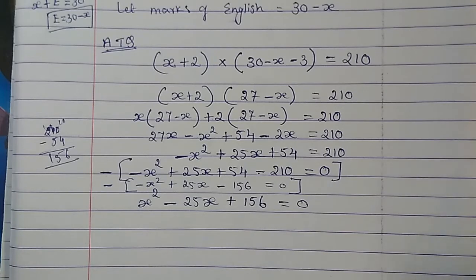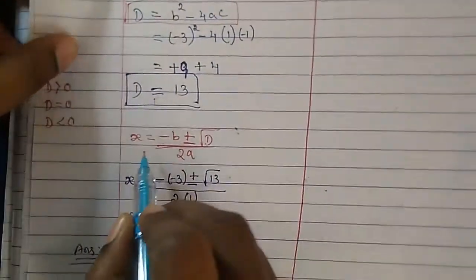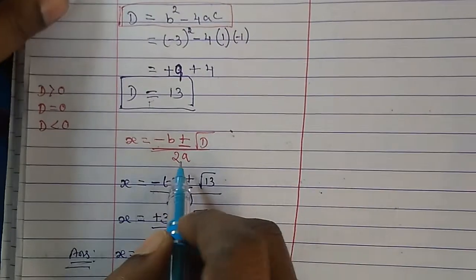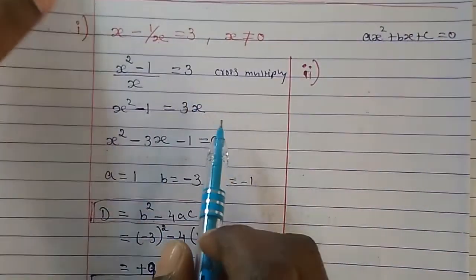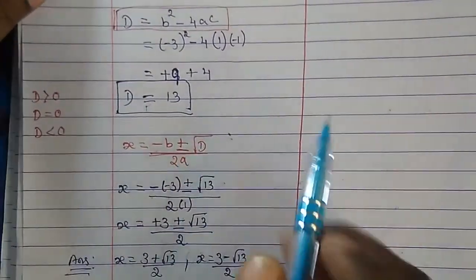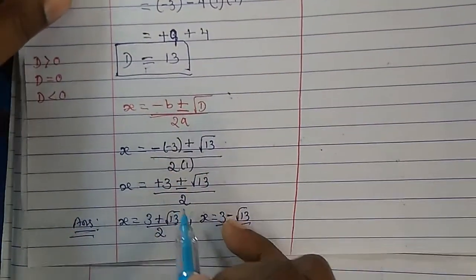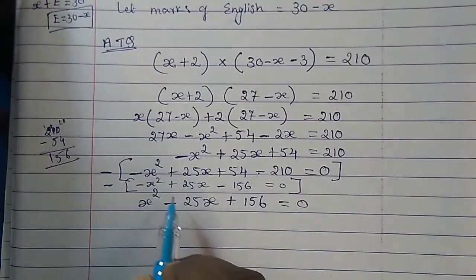But splitting the middle term I am showing you, so that you learn. The more you see, the more you will learn it. This is the quadratic formula. I explained to you how to do it. You have to first write down the values of A, B, C, put them in the formula, and then you can solve it. Okay, so that way you can solve it.